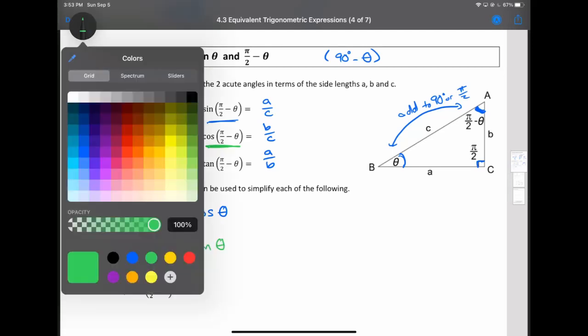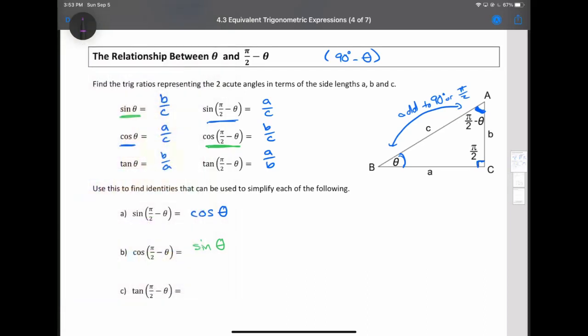And our final one, purple, it's purple. Tangent of pi over 2 minus theta is a over b, which is similar to this one, but not exactly the same. One's a over b and one's b over a. So I can say that this is 1 over tan theta.